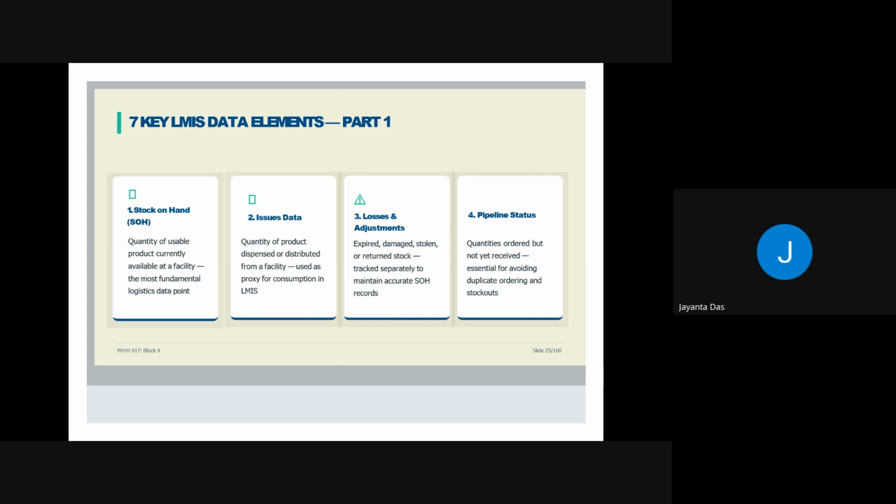Third is losses and adjustments, that means the extent to which we are still facing expiry of drugs, damage, pilferage, and return to stock. These are tracked separately to maintain accurate stock in hand records. Fourth, the pipeline status, the quantities ordered but not yet received, essential for avoiding duplicate ordering and stockouts.